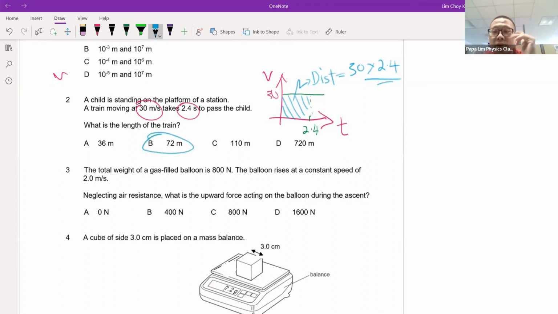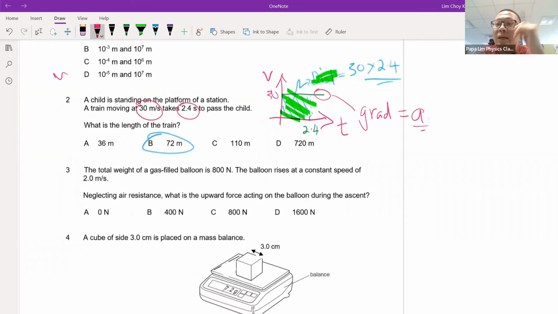Now the solving technique we have for kinematics, always remember, is that we will always be looking at the two main aspects of the velocity time graph, which is the area under the graph, which gives us the distance. Sometimes we also want to look at the gradient of the velocity time graph. Why? Because the gradient of the velocity time graph tells us information like the acceleration.